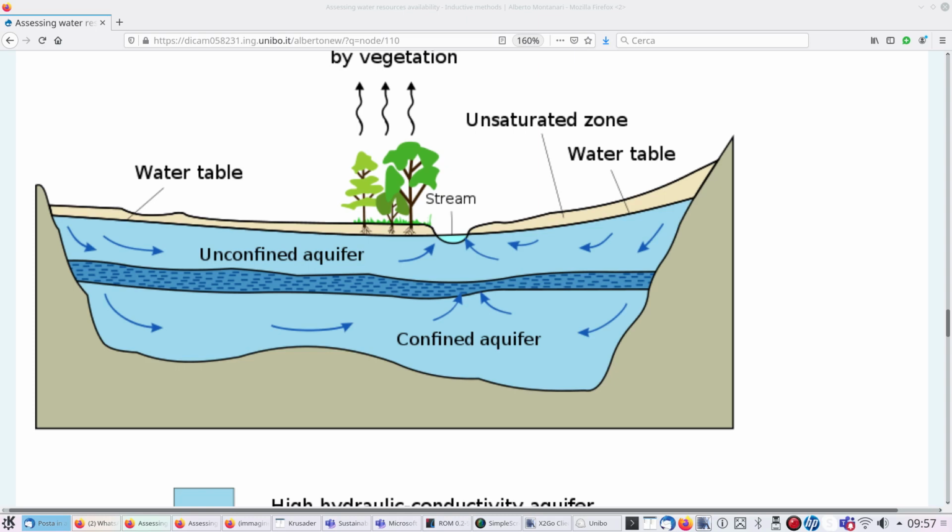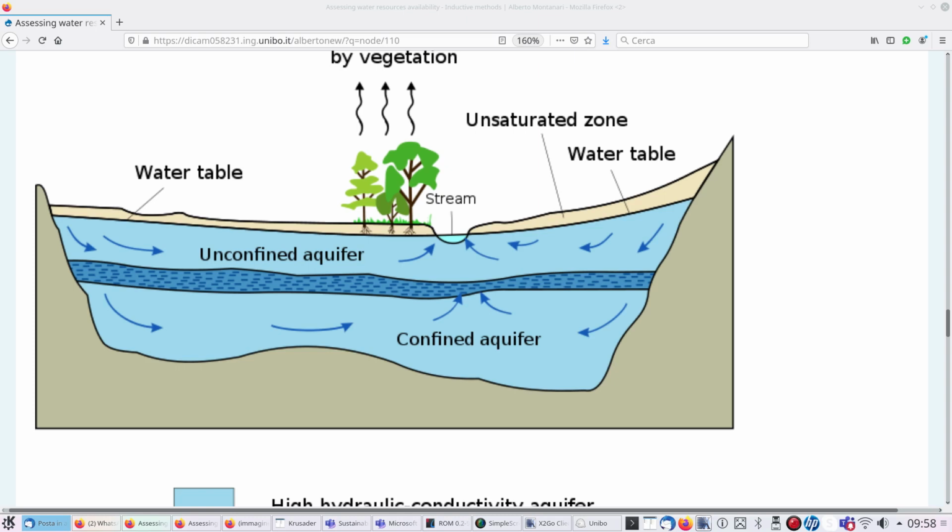So the aquifer may take a long time to be depleted. So we may pump water for years without noting a significant decrease in water level. But then, once the aquifer is depleted, then it may take hundreds of years to recharge.